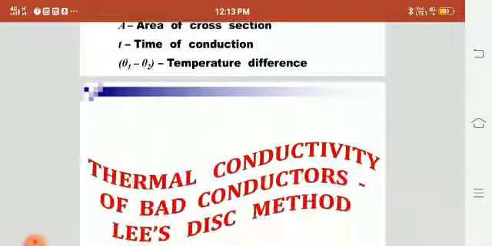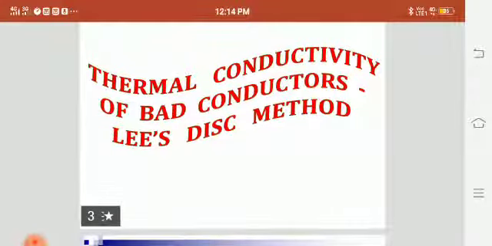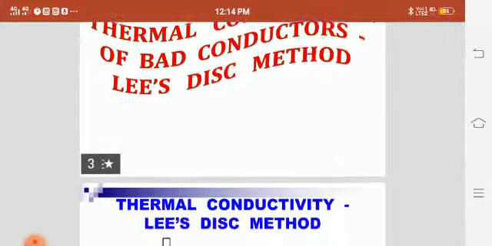In this, we are going to see the thermal conductivity of a bad conductor by Lee's method. As we know, thermal conductivity varies from material to material. That is, a material can have a good conductivity of heat or a bad conductivity of heat also.